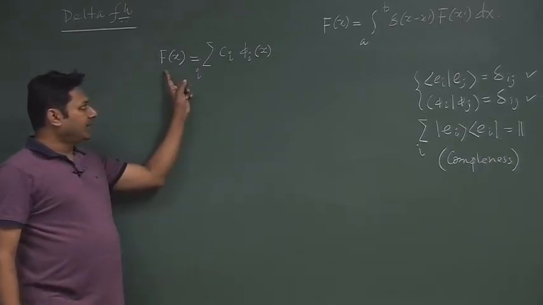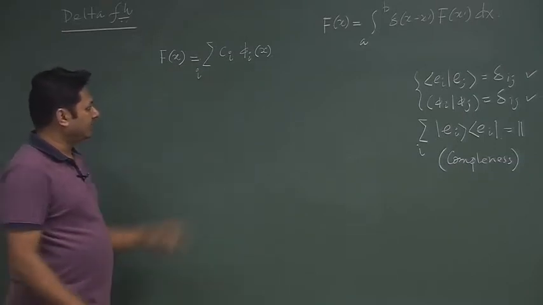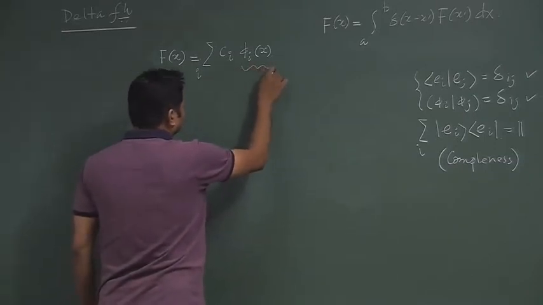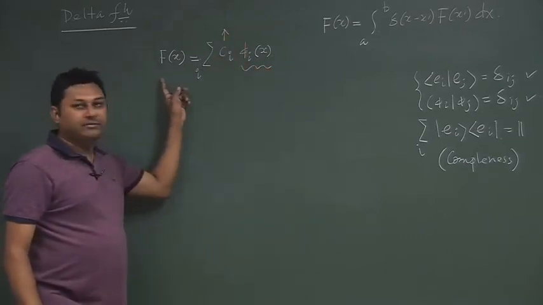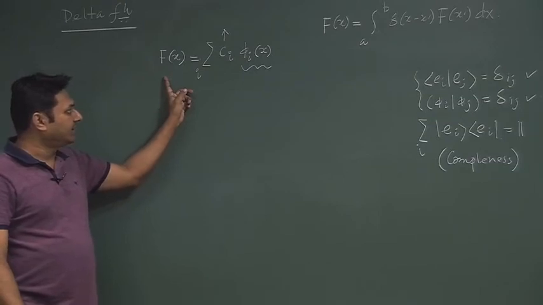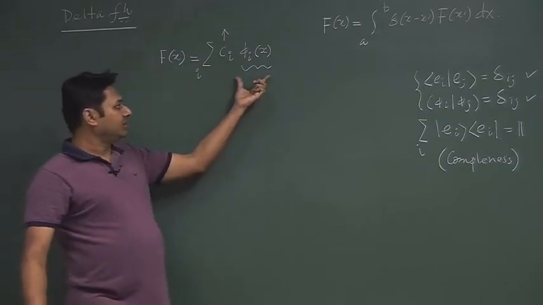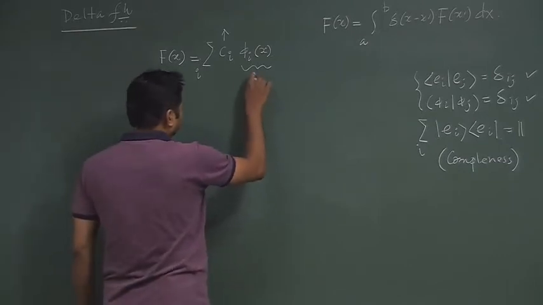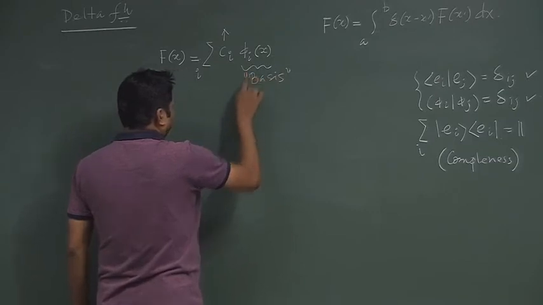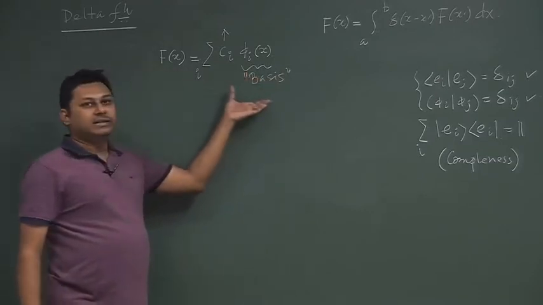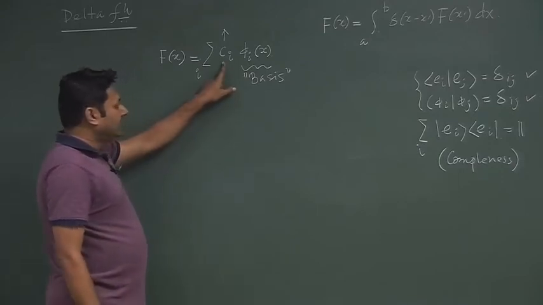So I can write the function in terms of basis functions. Now this is a basis function and this quantity is the corresponding coefficient, exactly like the way I write a vector. If I write in this way, then I can calculate C_i.